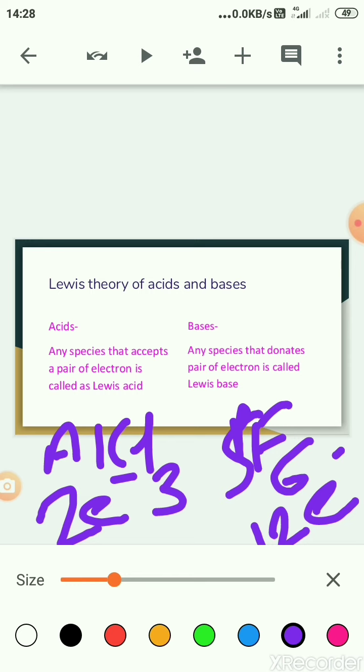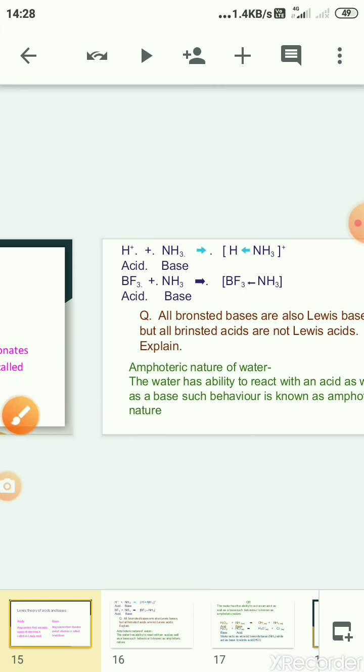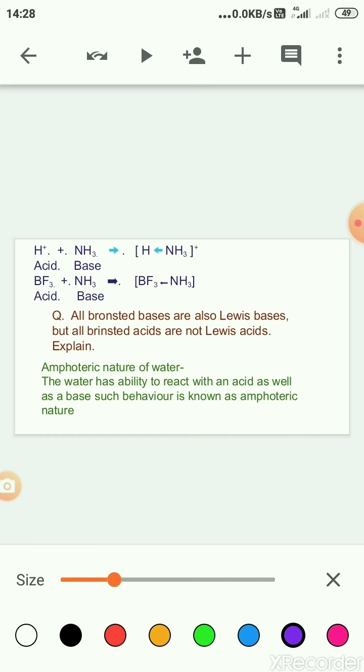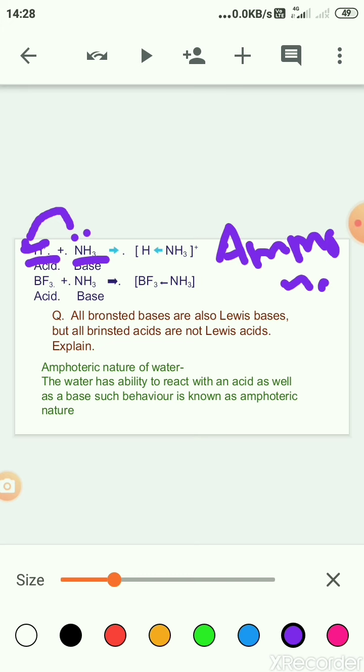In the same way we can see it by reaction. In this reaction, H plus, that means the proton, and ammonia NH3. Hydrogen has a positive charge and the nitrogen of ammonia has a lone pair of electrons. So nitrogen has a tendency to donate its lone pair of electrons to H plus ions and forms the ammonium ion, NH4 plus.